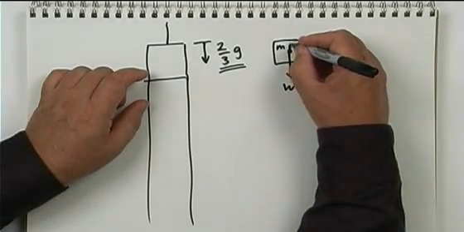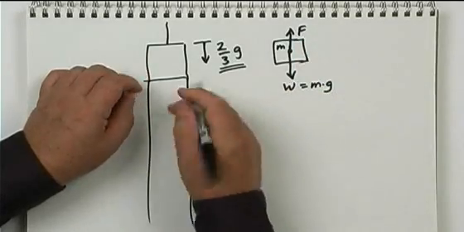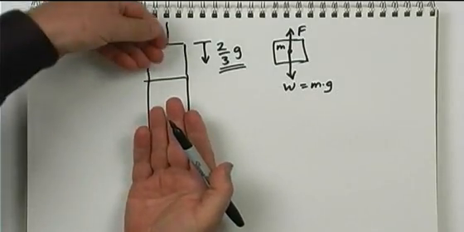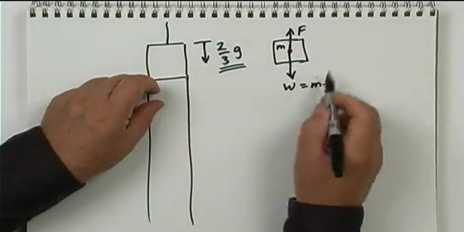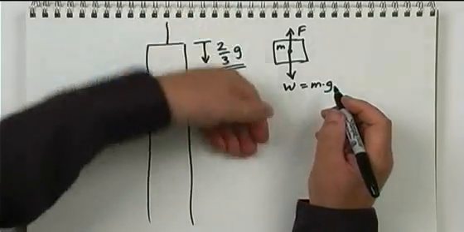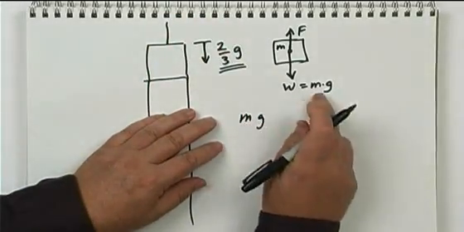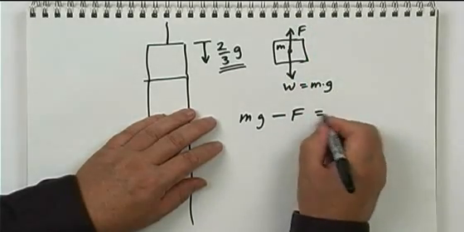There's also an upward force, which we'll call F. This is the resistive force. All the steel is pushing upward, preventing it from just free falling. And so the net force is the downward force minus the upward force, so it's mg minus F.